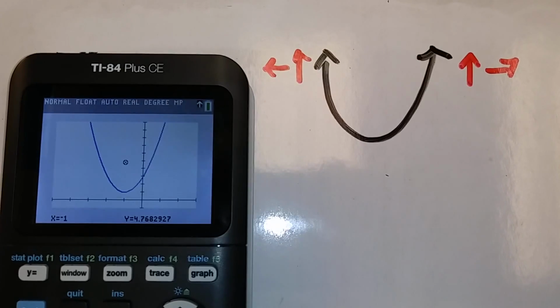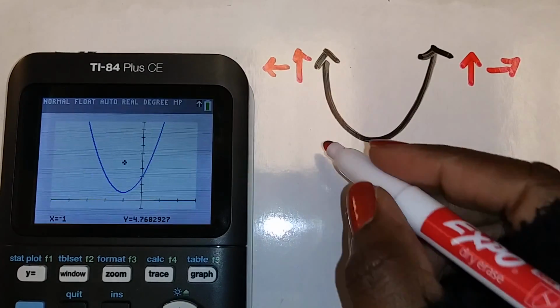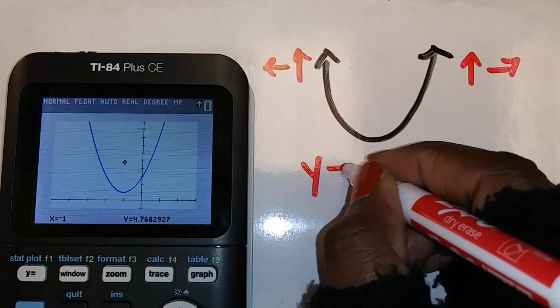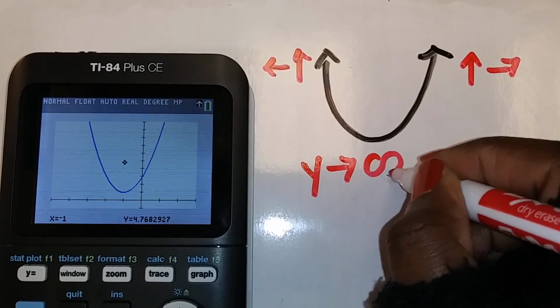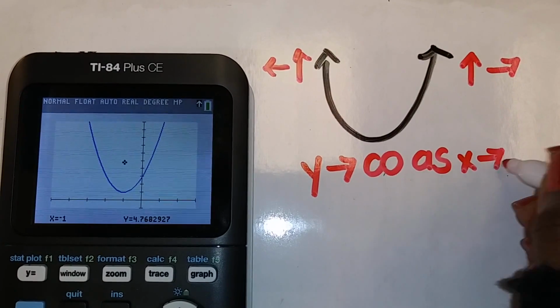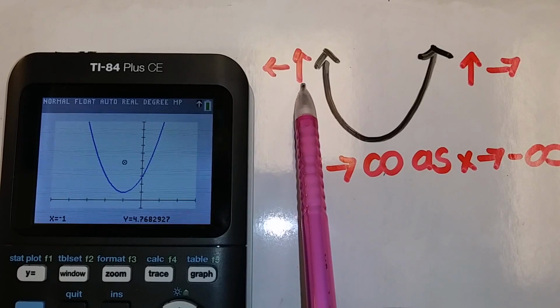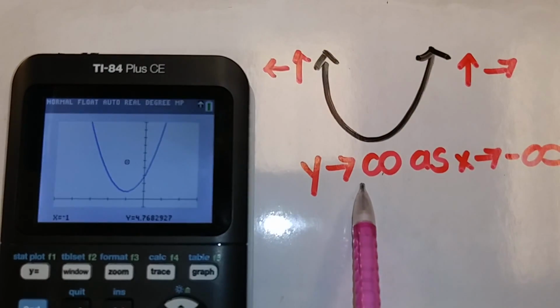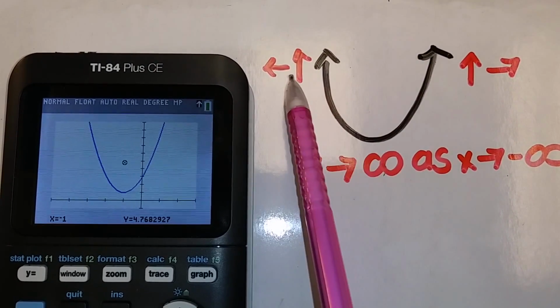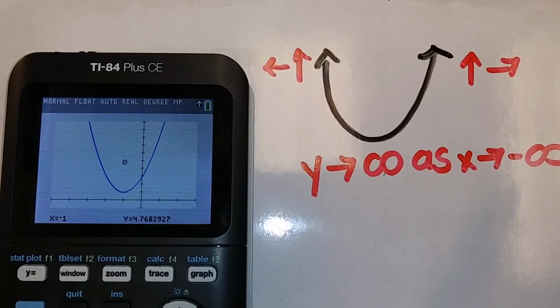Up and down is Y, left and right is X. So on this side, Y is approaching infinity as X is approaching negative infinity. Look at it. Y is going up, so it's going to infinity. X is going to the left, so it's going to negative infinity. Read this one and write it out.